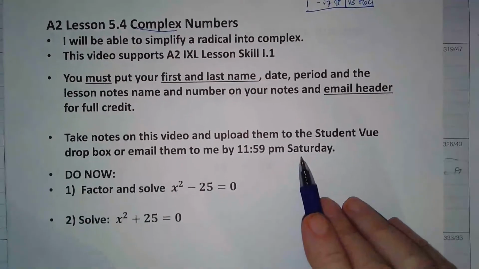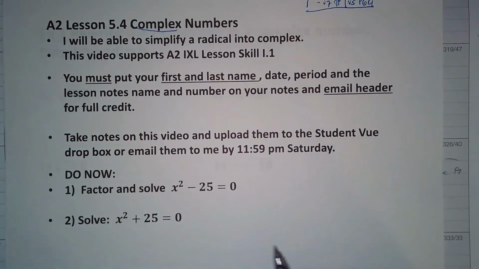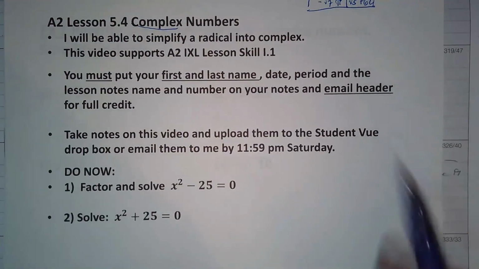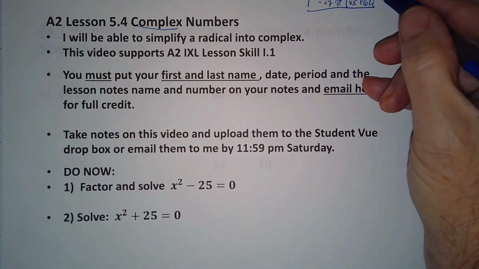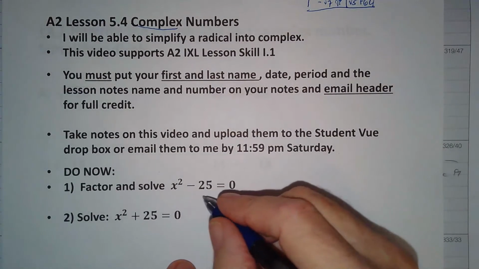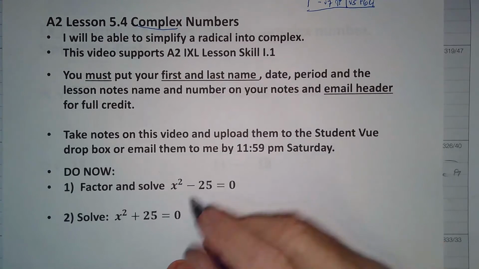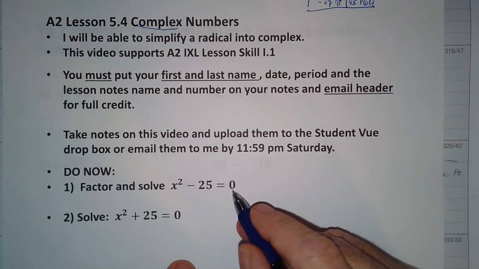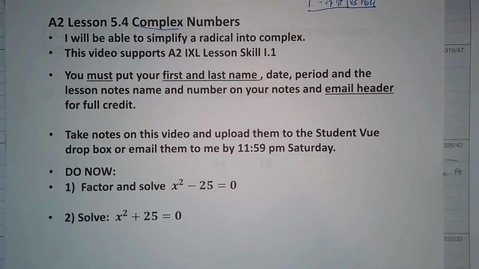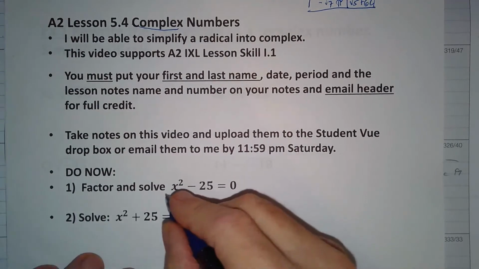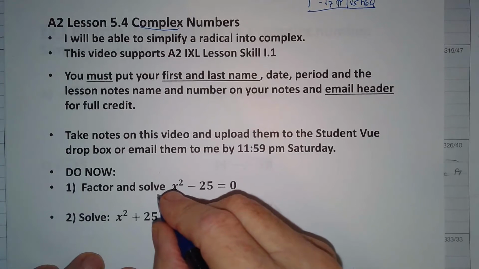All right, so to understand why we have this imaginary component, we need to go back and look at how we factor and solve. So this is a good example of a factoring situation. And so we're going to go ahead and just factor it like we did in Unit 4.